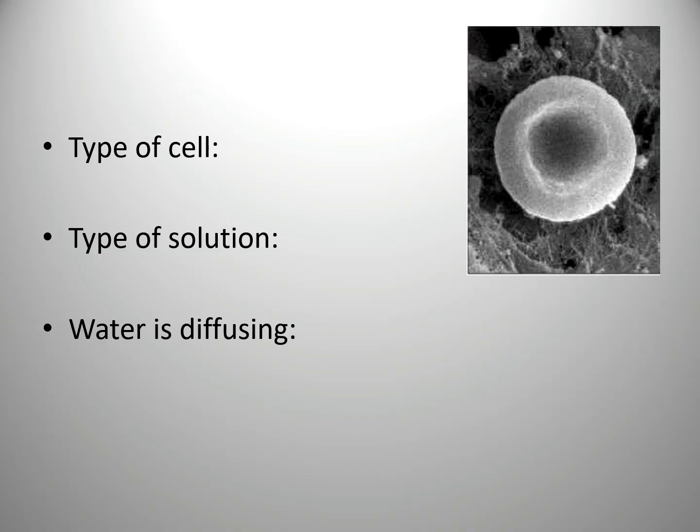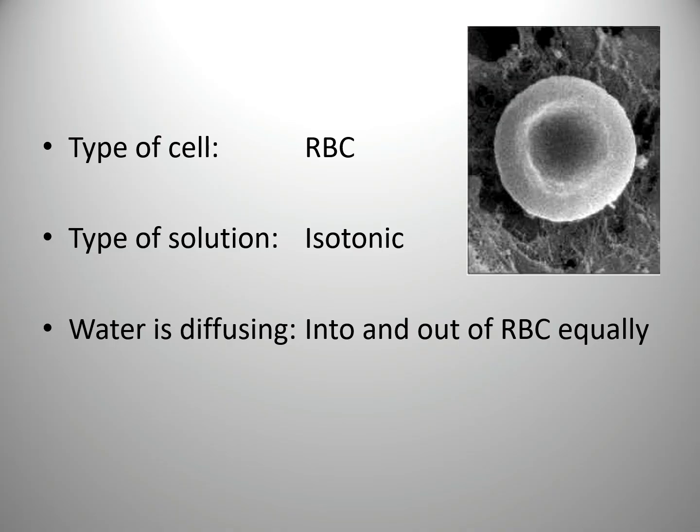Because our cell membrane is permeable to water, meaning water has those aquaporins and water can freely move in and out of the cell, the solution that your cells are placed in can have a drastic effect on the cell. So let's look at the red blood cell.